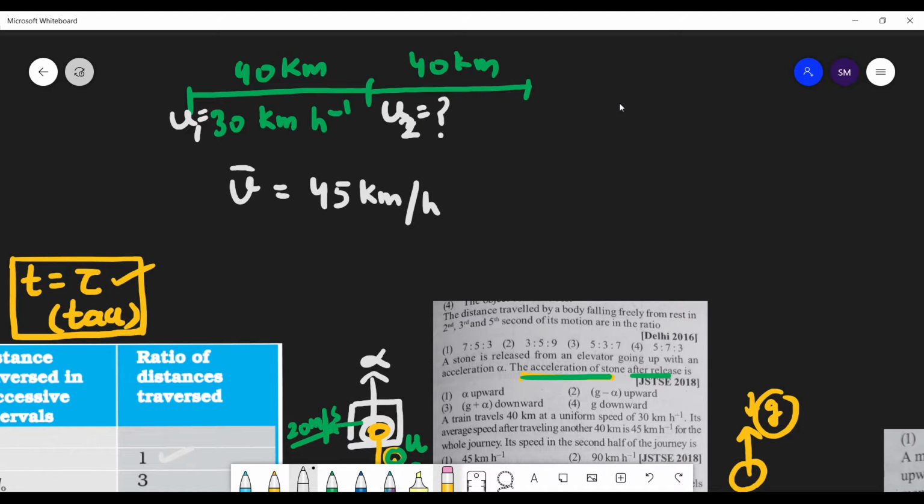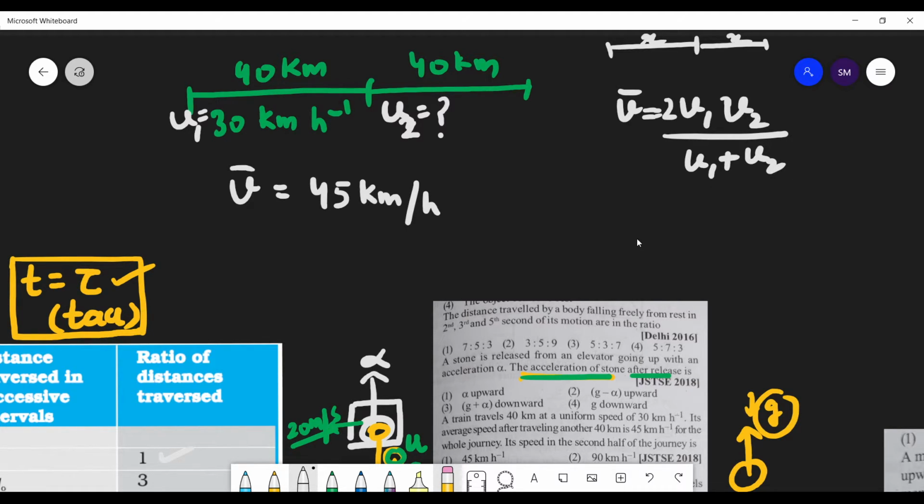Remember the formula. When the distances are the same, traveling x distance with velocity v1, and then traveling another distance x with velocity v2, what is the formula? Average velocity will be 2v1v2 divided by v1 plus v2.